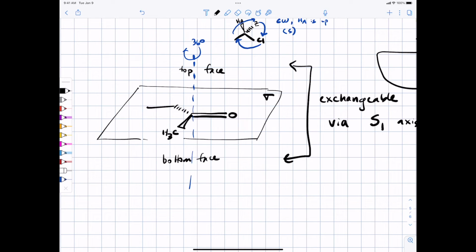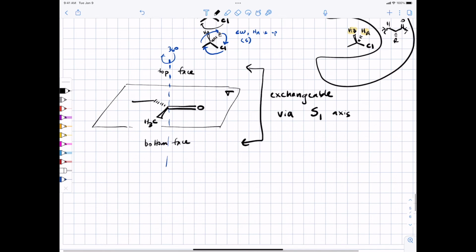So the two faces are exchangeable by an S1 axis. They're not exchangeable by a C2 axis. In other words, if I just flip this molecule over, do a C2 axis, the coordinates are not identical.